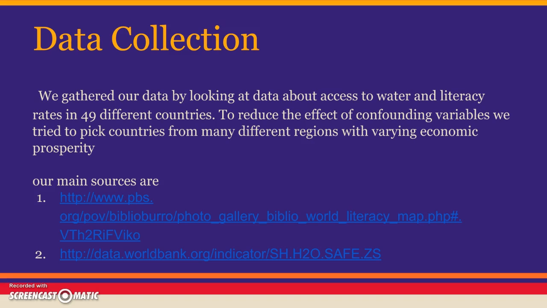But we just tried to get a good spread of different regions and different economic prosperities in these different countries to try and eliminate the effects of confounding variables. I'll talk more about that later, though.